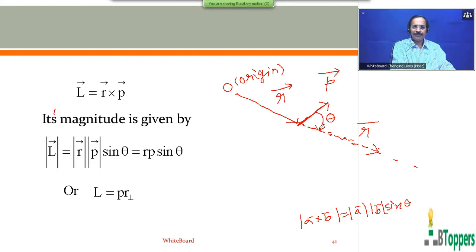Then this can be taken as angle theta, the angle between R bar and P bar, which you can also write as L equal to P into R perpendicular. I tried to tell you what is meant by this letter R with subscript perpendicular symbol. I read it as R perpendicular.